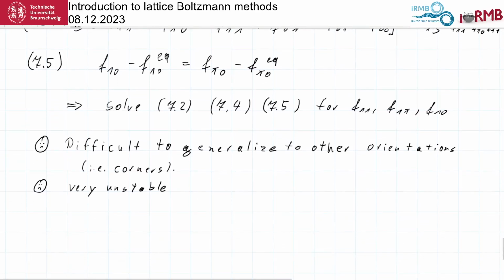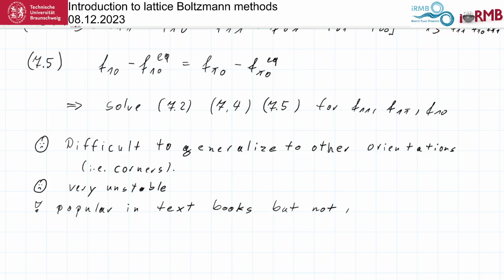It is, for historical reasons, popular in textbooks and in small examples that you find on the internet to explain what is lattice Boltzmann. Here, unfortunately, you came to me. I'm not somebody talking about simple lattice Boltzmann. We think that lattice Boltzmann is a serious business, and that there has been development in the last 30 years which makes life much, much better.